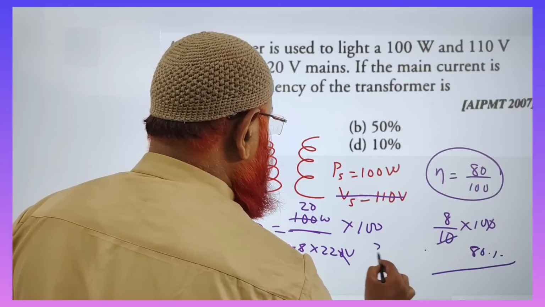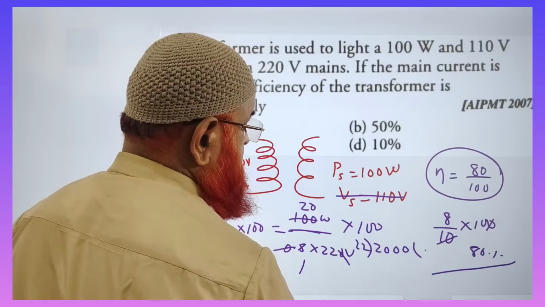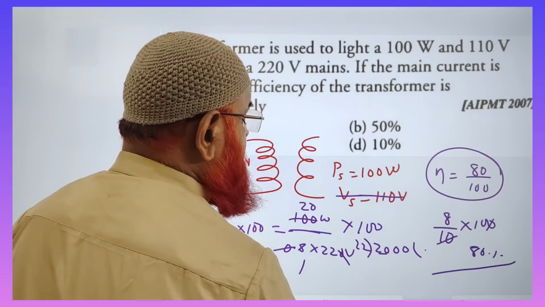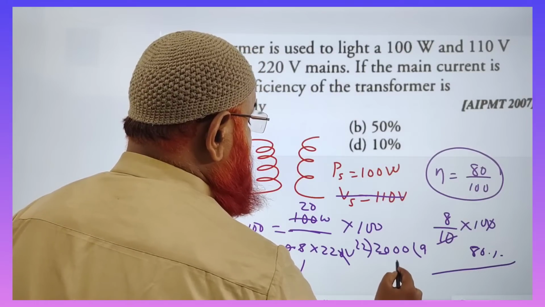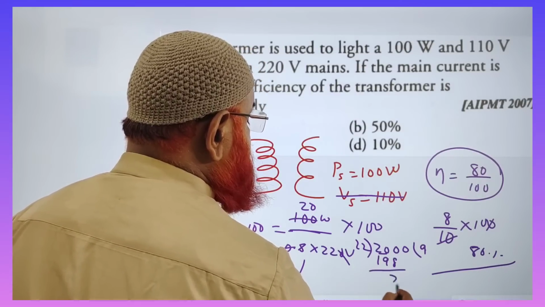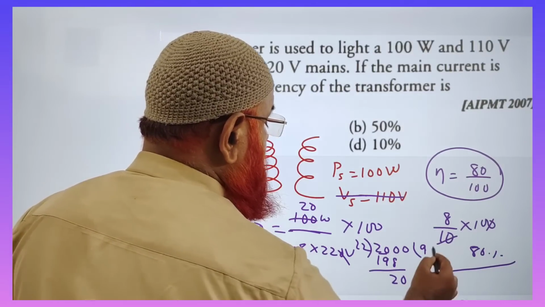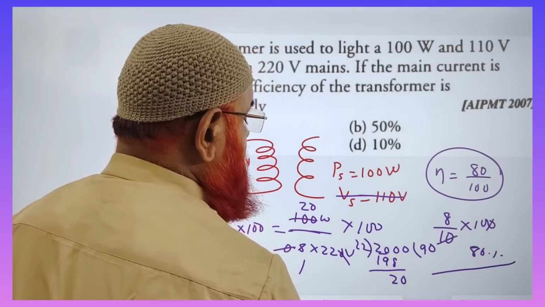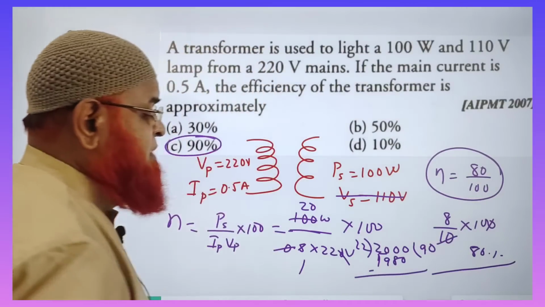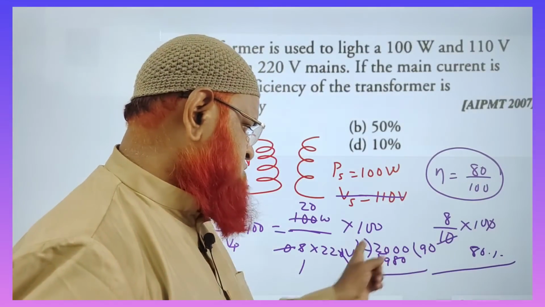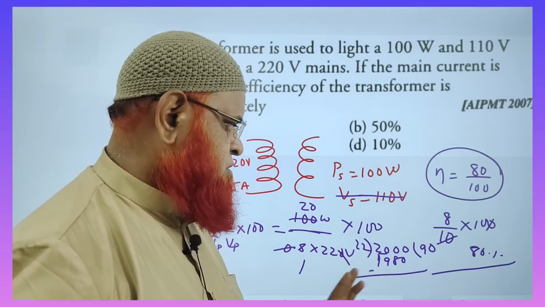So what is left now? 2000 divided by 22. ठीक है? 22 how many times? 9 times. 9 twos are 18, 9 twos are 18, 19, 198. 22 into 90, कितना रहा देखो. 1980. 90 times.